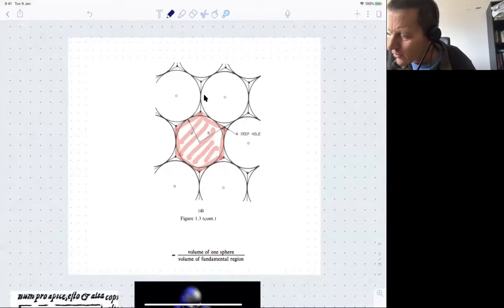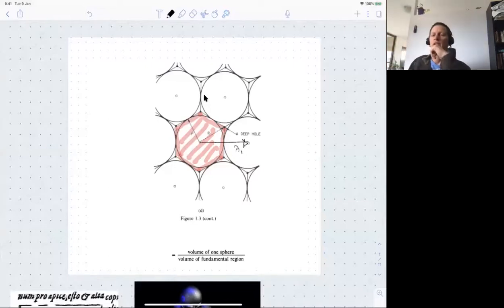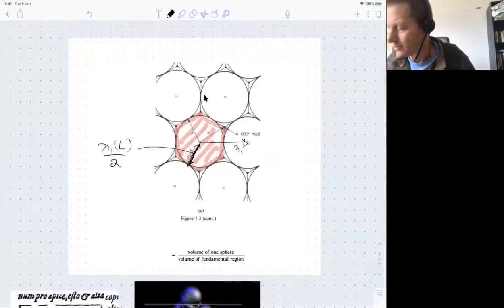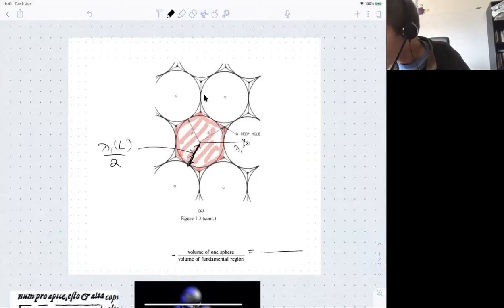And we can also see that if this length here is lambda 1, the length of the shortest vector in the lattice, then the radius of this ball is exactly half of lambda 1. So this is lambda 1 divided by 2. Okay? So the volume of the ball is (lambda 1 over 2) to the power n times Vn.